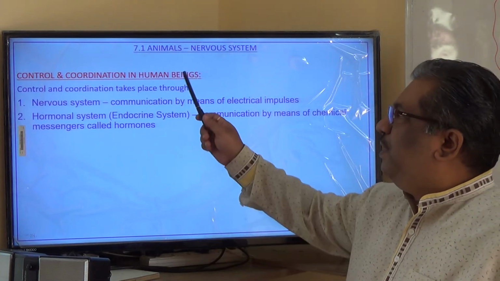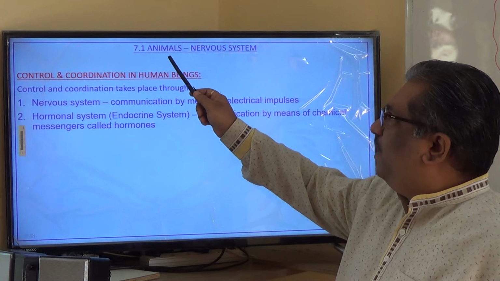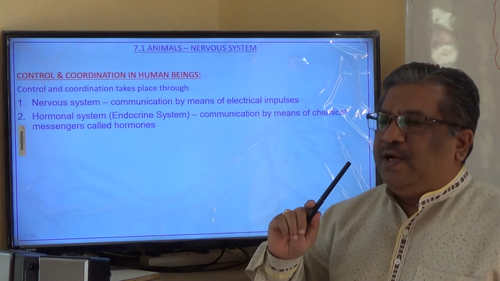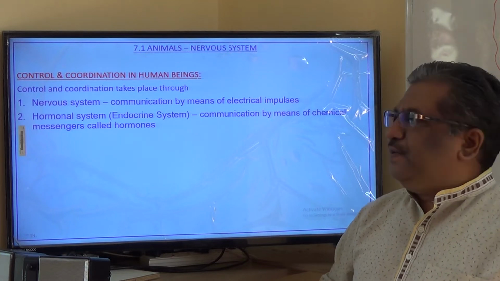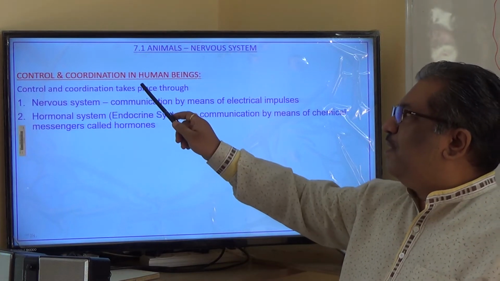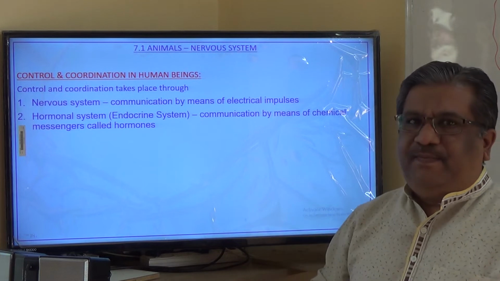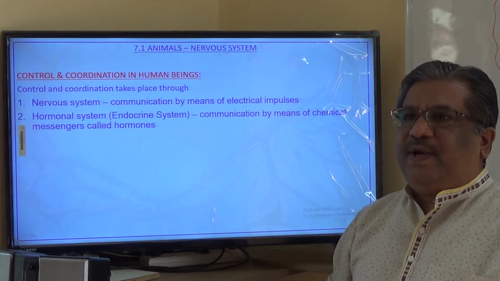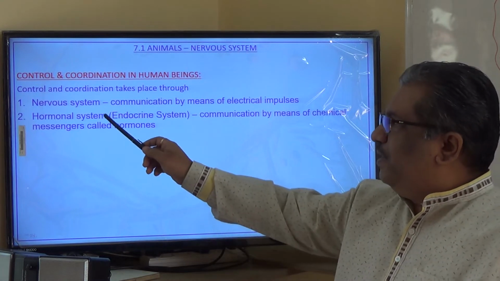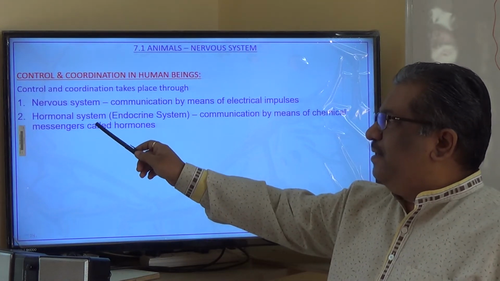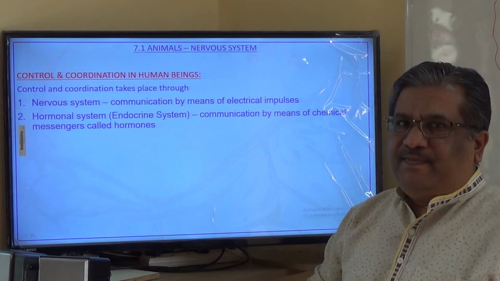Even though the title says animals' nervous system, we are studying the nervous system in human beings. First of all, how is control and coordination in human beings achieved? There are two systems: one is the nervous system and the second is the hormonal system.